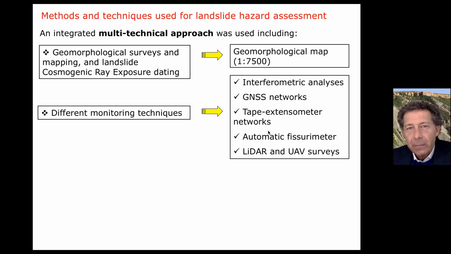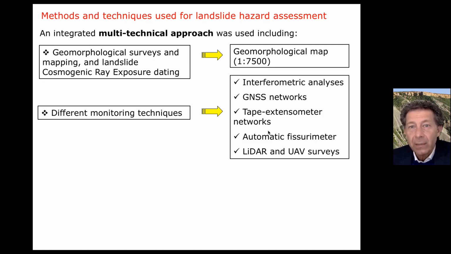So the first, beside the recognition of landslide and types of landslide, one of our first objectives was to understand whether these landslides were active or not. Because looking at the images that you've seen before, you understand that there might have been quite a significant activity of landslide in the area.